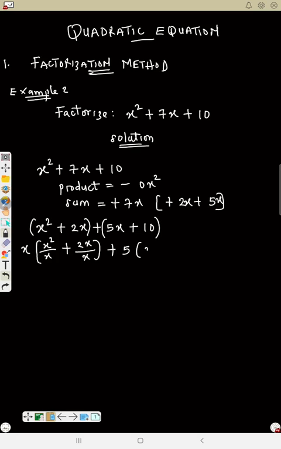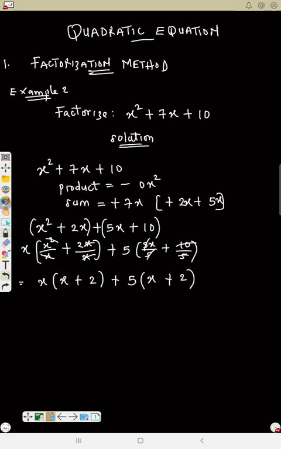Then we have 5x over 5 plus 10 over 5. Now what will remain? The x will cancel out, it will remain x. This one too will cancel out, that will be plus 2. Now plus 5, here too 5 will cancel out, it will remain x. 5 here 1, 5 here 2.